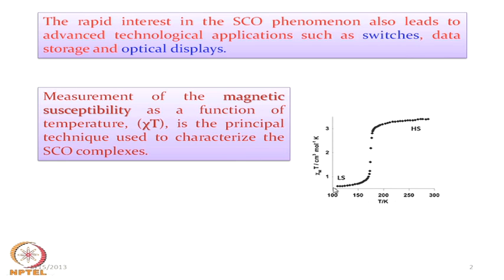So, with rise in temperature, the chi-mT values are increasing. These are the corresponding data values at a particular temperature.